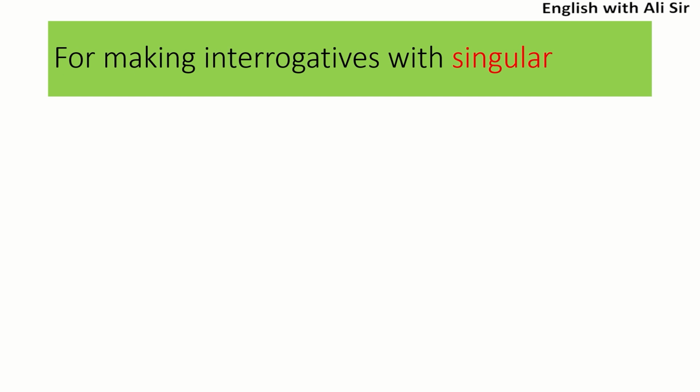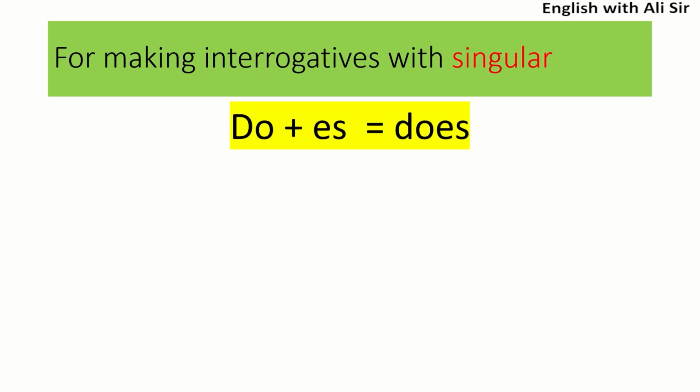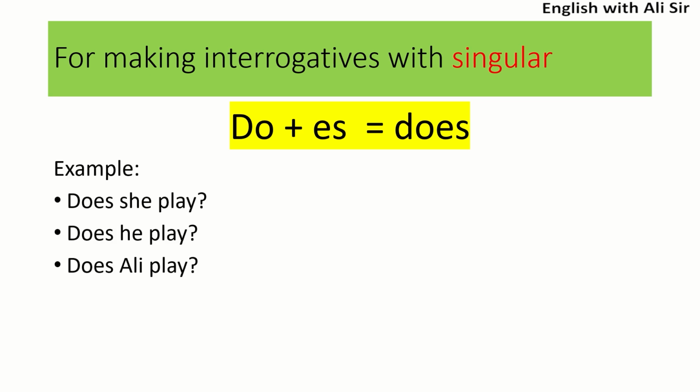When we make interrogatives from the same, we add es to the do, so do becomes does. So for interrogative sentences, we use does. For example, does she play, does he play, does Ali play, does it play.